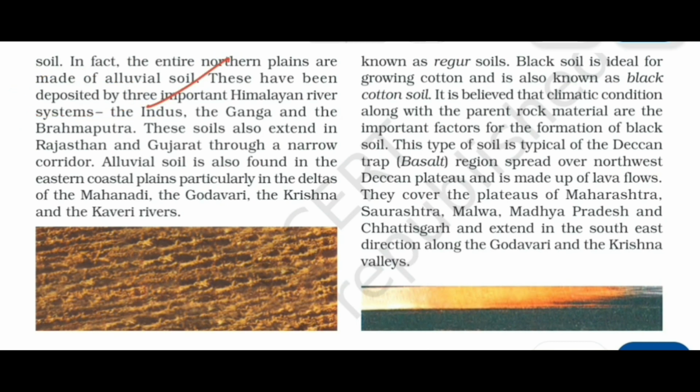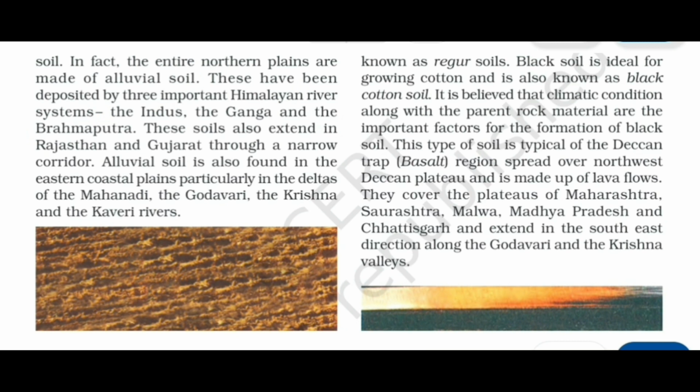Now which are the 3 rivers? The first one is Indus, the second one is Ganga, the third one is the Brahmaputra. So do remember these 3 rivers. Indus, Ganga, Brahmaputra, they have formed the northern plains. Actually, they have brought the alluvial soil and deposited it in the northern plains.